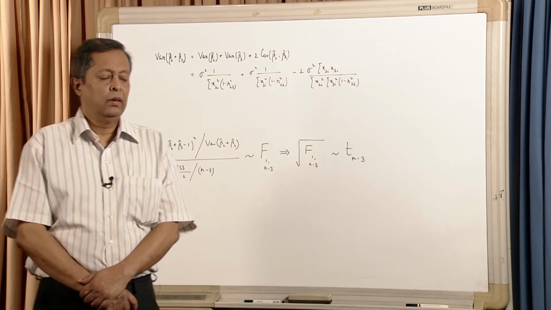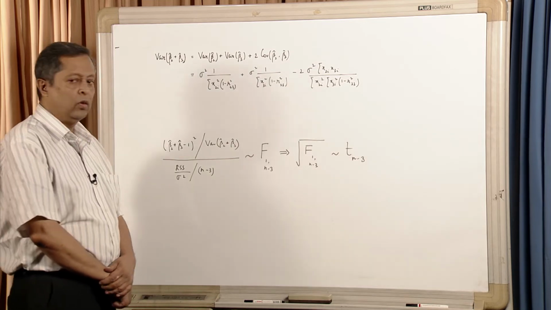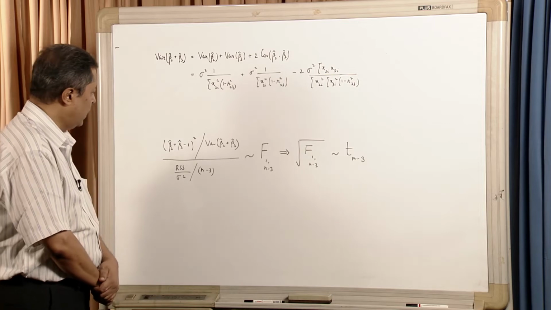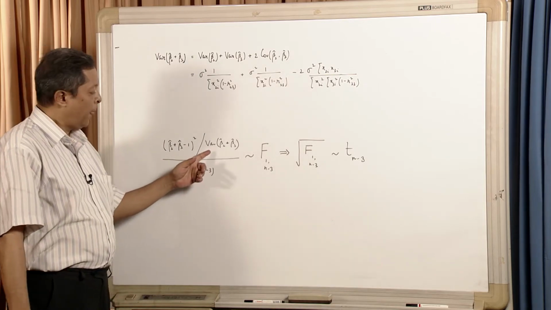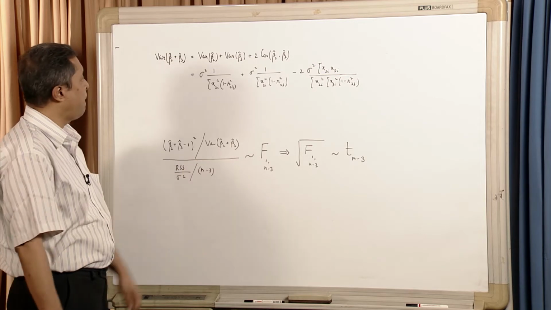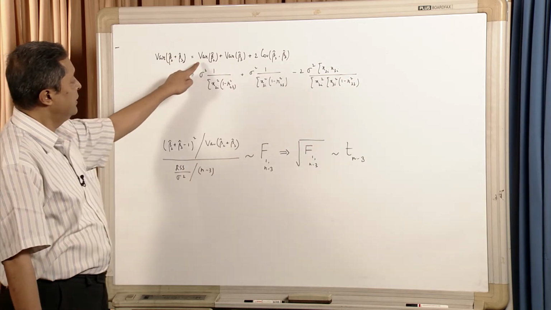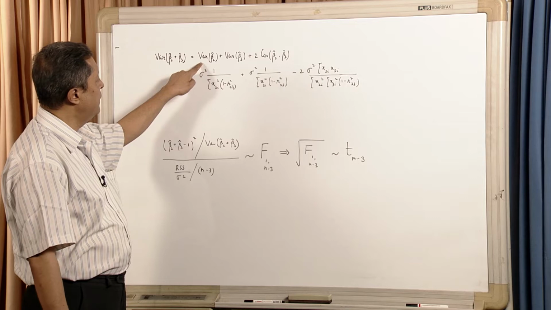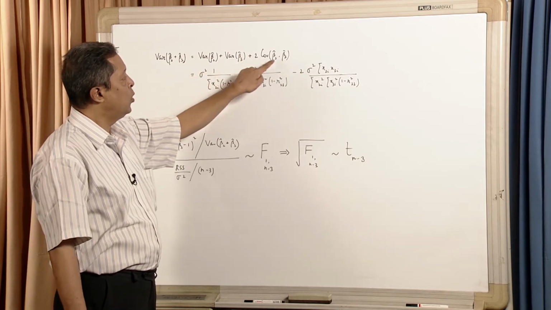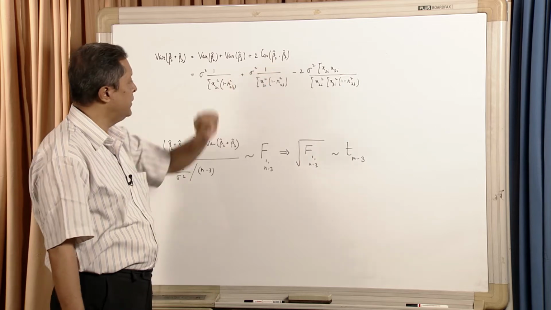Students, let us now take a look at how we move from the F distribution to the T distribution. So, we focus on this expression variance of beta 2 hat plus beta 3 hat, that is expanded as variance beta 2 hat plus variance beta 3 hat plus twice covariance between beta 2 hat and beta 3 hat.